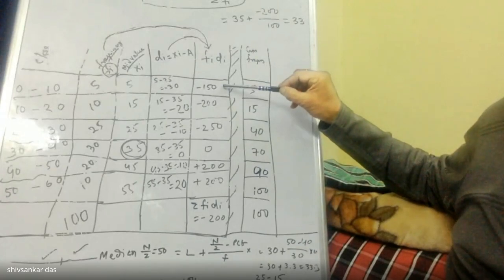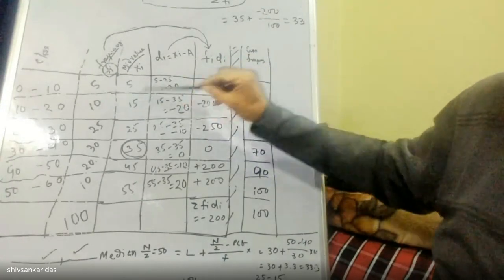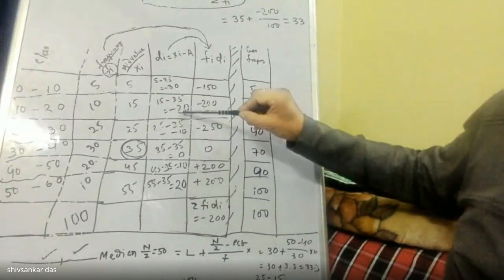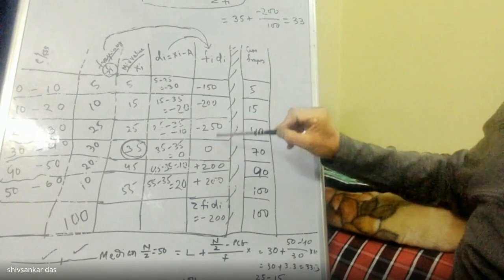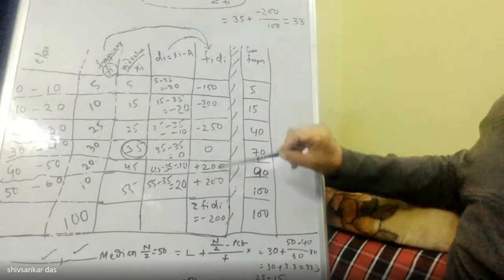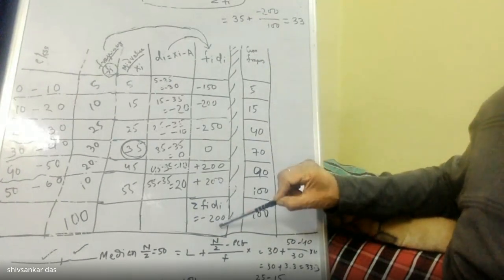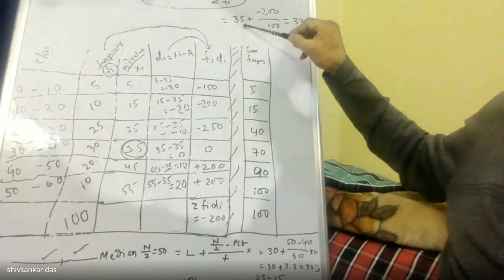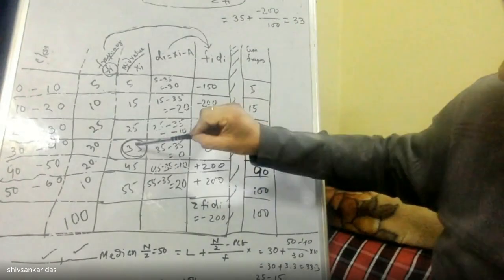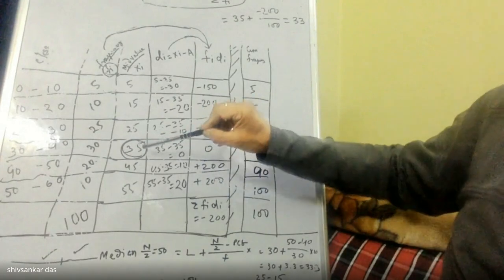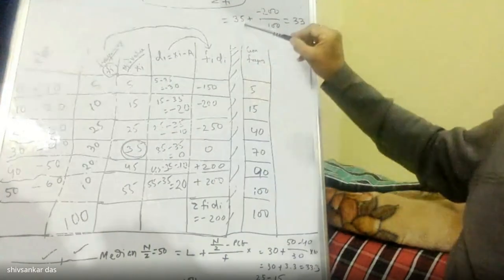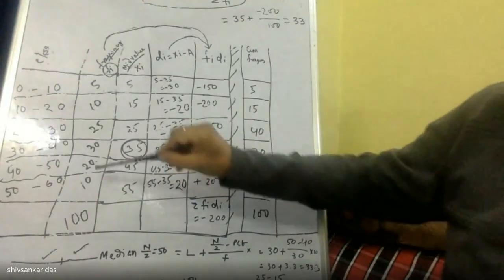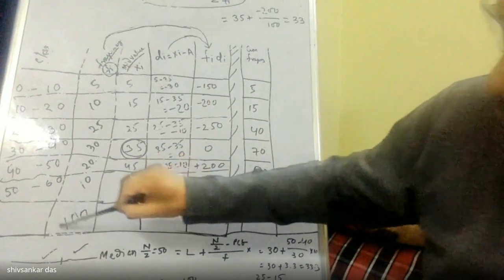Then 10 into minus 20, minus 200. Similarly, total of fi di will be minus 200. Then I'm putting this in the formula: 35, which is the arbitrary value I have taken as a center point, plus minus 200 by n, the total summation of fi.